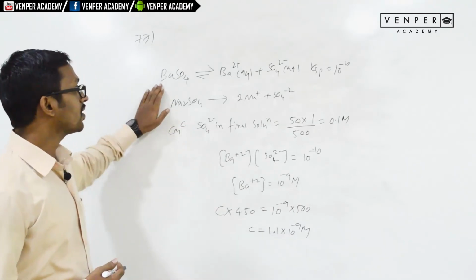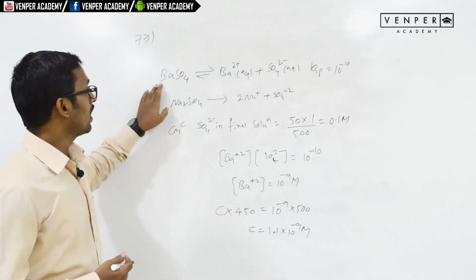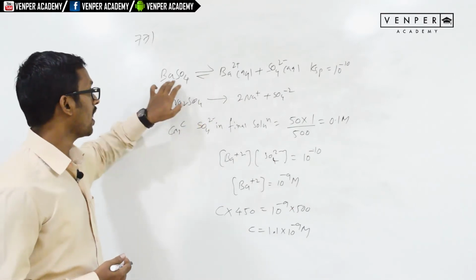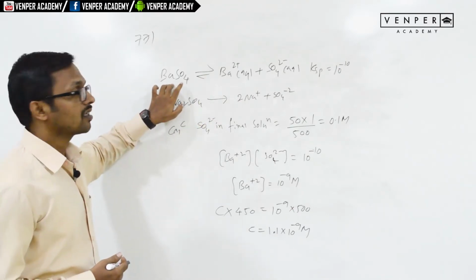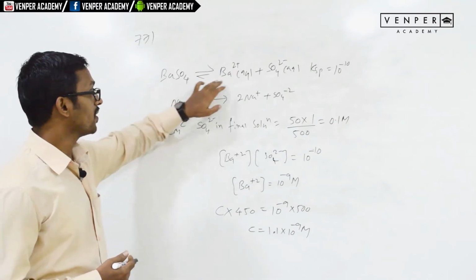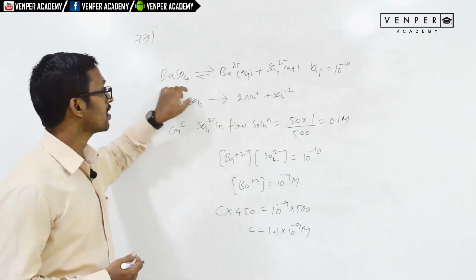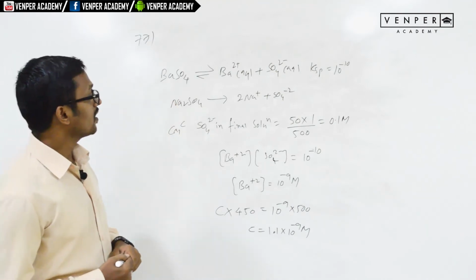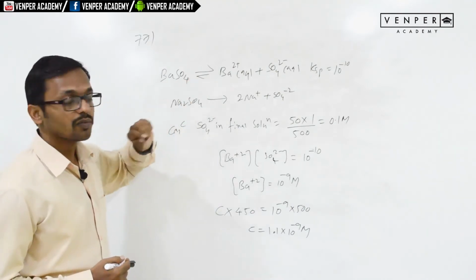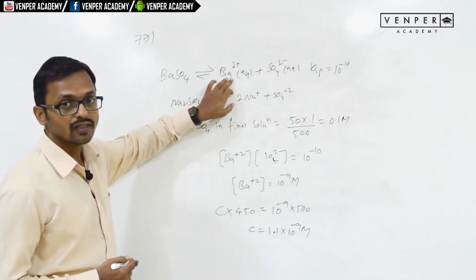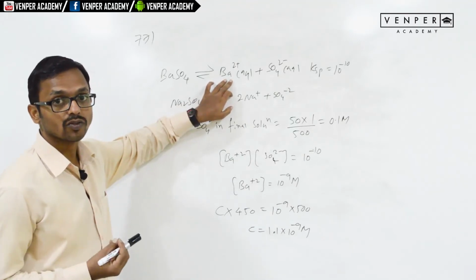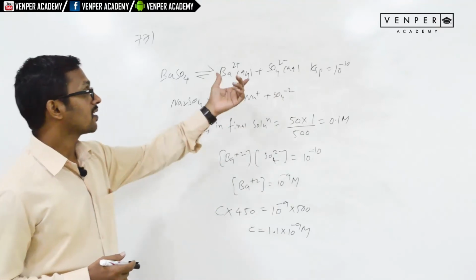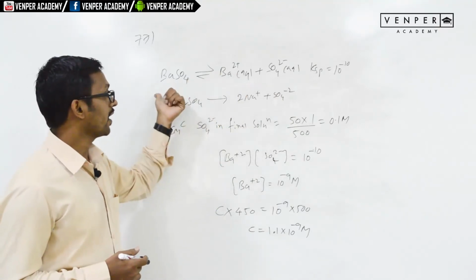Here barium sulfate is a weak electrolyte, and that is the reason why we have equilibrium between the reactant and products, Ba2+ and SO4 2-, and BaSO4, that means barium sulfate. So the thing is, according to Le Chatelier's principle, when we add Ba2+ containing strong electrolytes or sulfate containing strong electrolytes, the reaction will go in the backward direction.